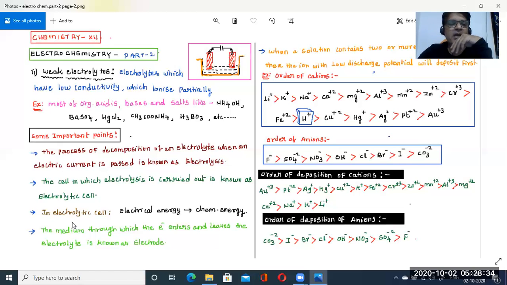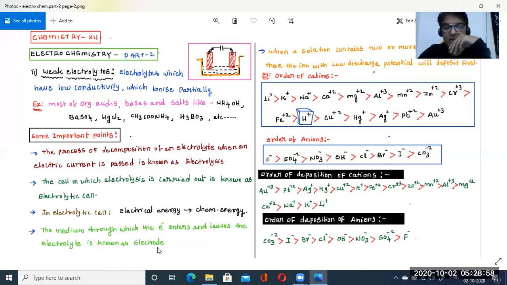Okay, next, what is an electrode? These are known as electrodes. The left hand side rod is the anode and the right hand side is the cathode. The medium through which the electrons enter and leave is known as what? Electrode.